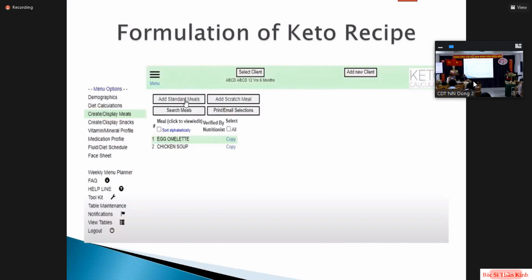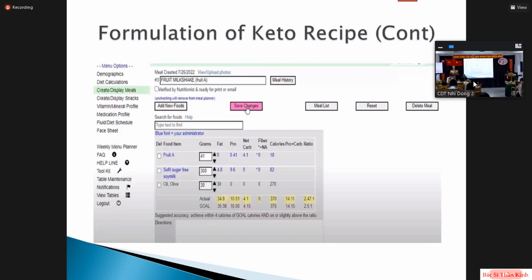So here, this is one of the recipes for example purpose. Here we have used fruit milkshake. If you can see over here, there is something called type text to find. So this is a database of all the food ingredients, right? So you can just type in the ingredients that you want. I've added fruit A. So just type fruit A here and click on it and it will all show here below.